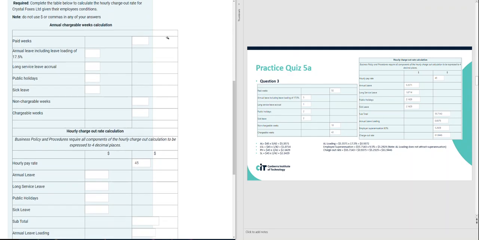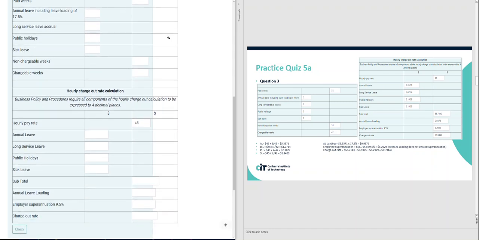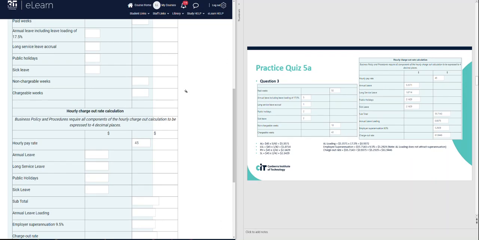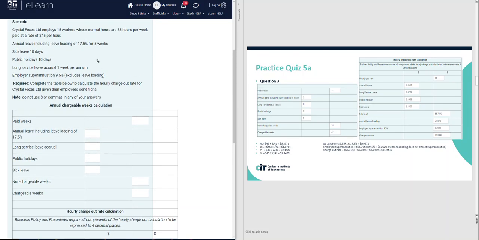We all know that pay weeks in Australia is 52 weeks per year. Your annual leave loading of 17.5% is given here as 5 weeks, so these 5 weeks will attract an annual leave loading of 17.5%. In your notes I've given you the calculation for each of these numbers, and I'm going to go through them with you.